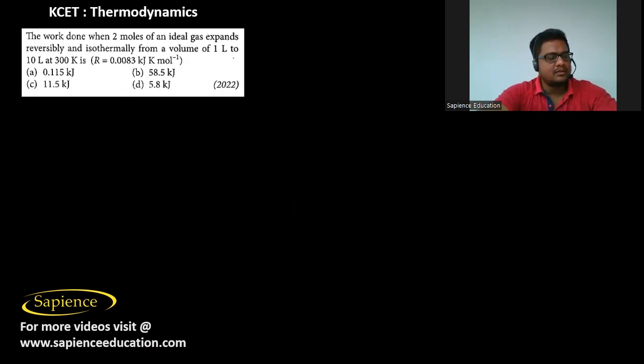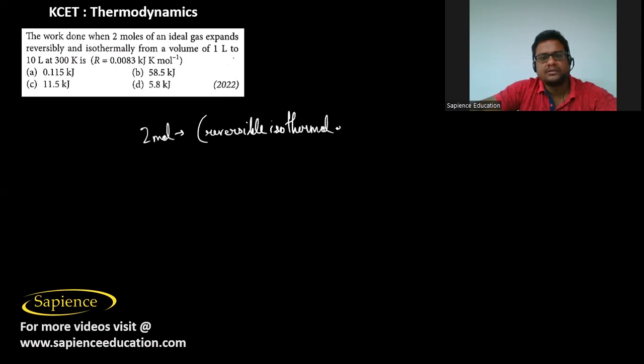Then here it is told that the work done when 2 moles of an ideal gas expands reversibly and isothermally. So here it is a reversible isothermal expansion of 2 moles of an ideal gas.